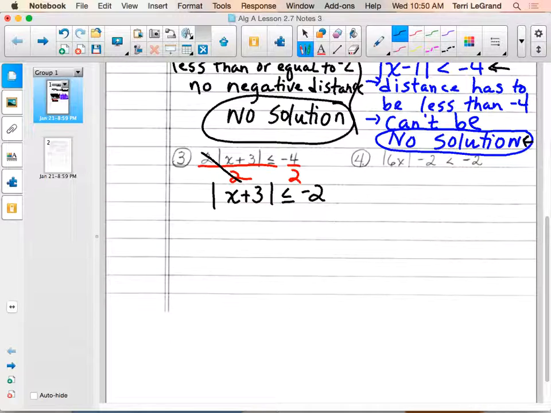Should we switch the sign? No. Why not? You didn't divide by a negative. We divided into a negative, but that doesn't matter. We didn't divide by it. So now the absolute value expression is by itself. Now, as Kelvin said, it's quite clear that there's a negative number over on the other side, but could it have changed? Yes. Because if you had subtract 3 instead of plus 3, you could be a positive 1 instead.